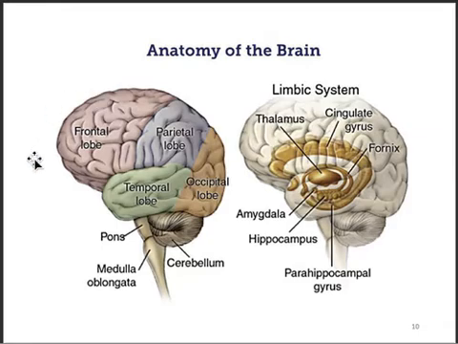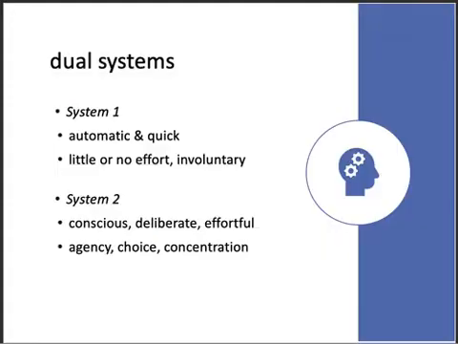And system two's activity takes place in the frontal lobe. So these two systems, which we have seen the effects of in these two different types of cases, are again system one and system two.